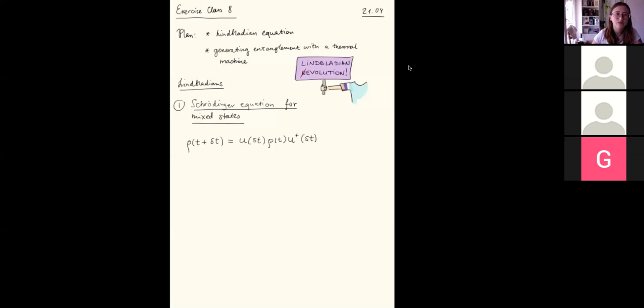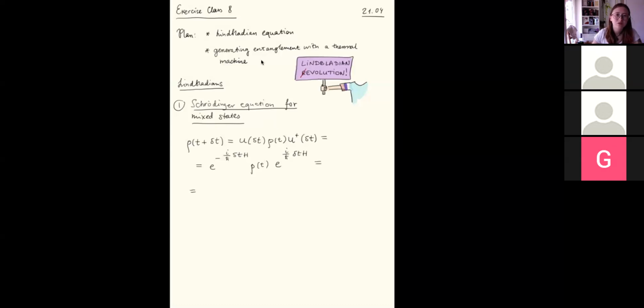So we just take the state of the system at time t and then evolve it for the small time delta t. Okay, let us just write this in terms of the Hamiltonian. So this would be e to the power of minus i over h bar delta t H, rho of t, e to the power i over h bar delta t H.